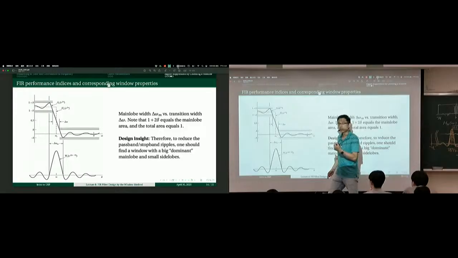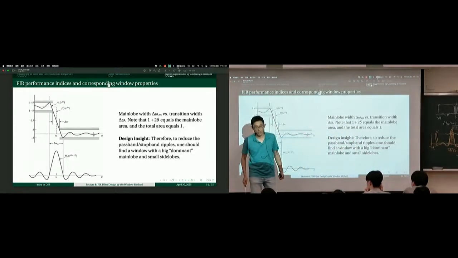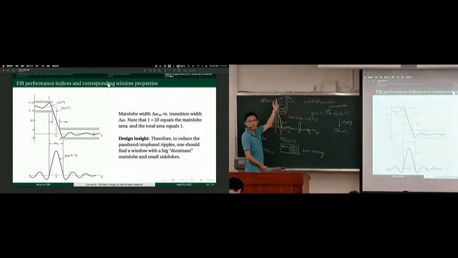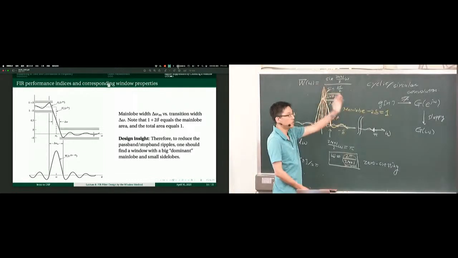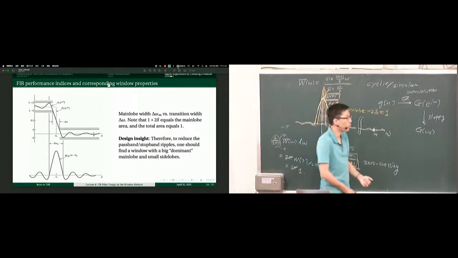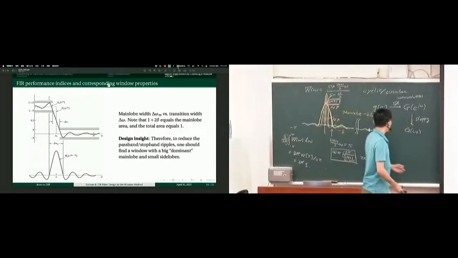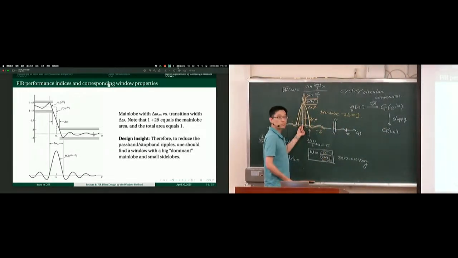So that means n needs to be sufficiently large. When n is sufficiently large, the entire main lobe becomes thin and tall. And then, let's say if the cutoff frequency in your homework is 0.33 pi, then you want to make the main lobe much narrower than that.